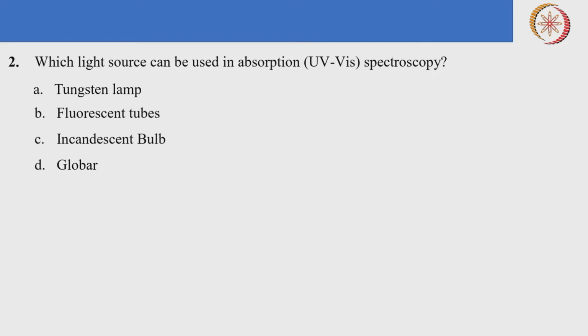Okay, so what are the options? For tungsten, the wavelength is around 350 to 2200 nanometers. Okay, so this is the range of the tungsten.